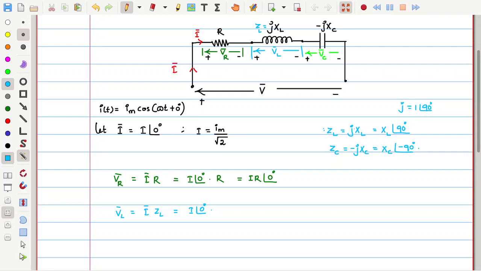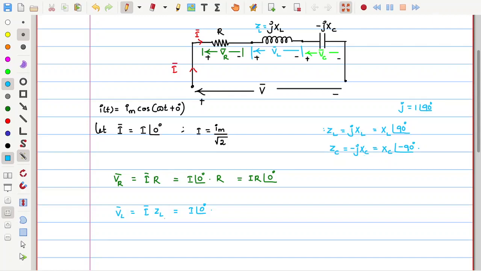These are the rectangular forms, and the others are the polar forms, which have magnitude and angle, whereas the rectangular form looks like a real part and an imaginary part. What is the real part in this? 0. 0 plus jXL, 0 minus jXC, like that. Okay.